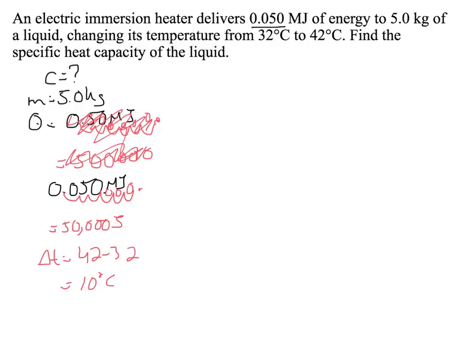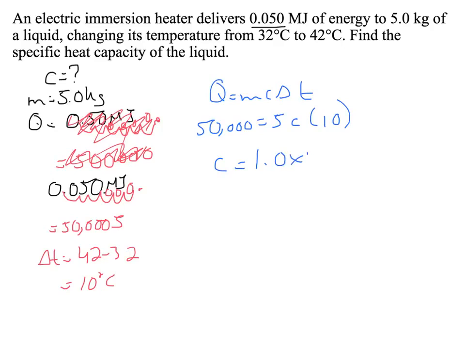Now we're ready to put into our equation. Q equals mc delta T, 50,000 equals 5 C times 10. C is going to equal, when you do your rearranging, 1.0 times 10 to the 3. And that's joules per kilogram degrees Celsius.